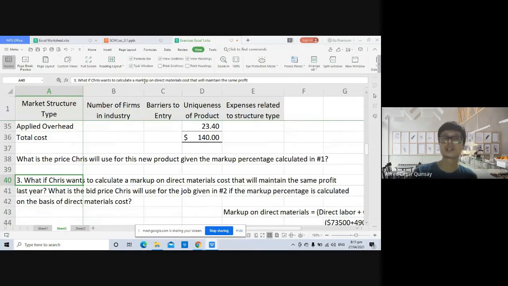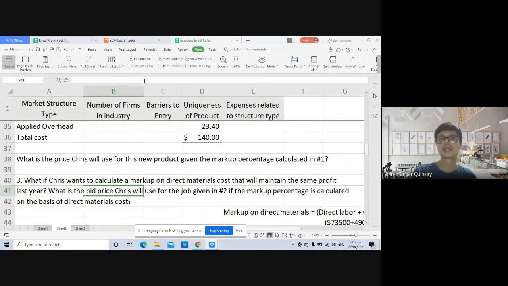What if Chris wants to calculate a markup on direct cost that will maintain the same profit last year? Okay, so what is the bid price Chris will use for job given in number 2 if the markup percentage is calculated on the basis of direct materials? So simple lang yan.